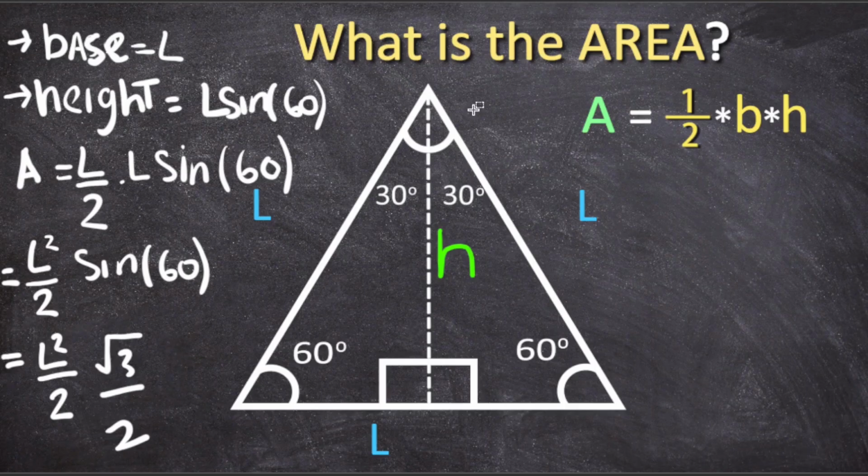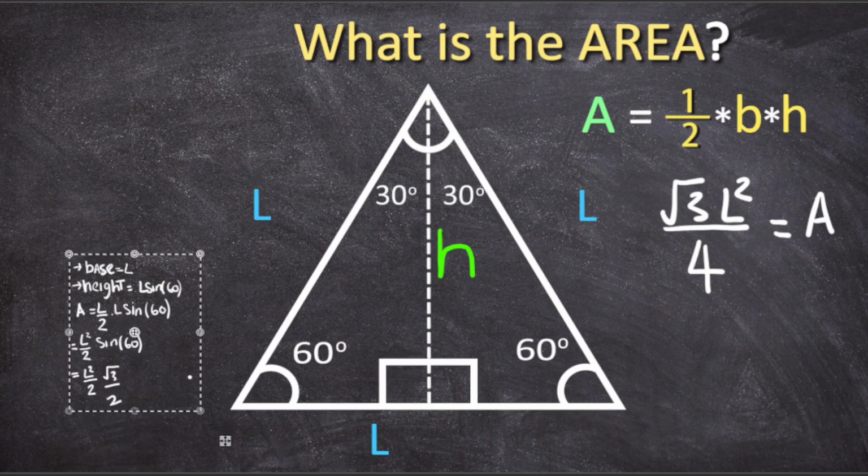We can simplify even further. If we take the denominator first, that's 2 times 2, which is 4. Then it doesn't matter which way around you have the values in the numerator, so I'm going to put root 3 first and multiply by L squared.